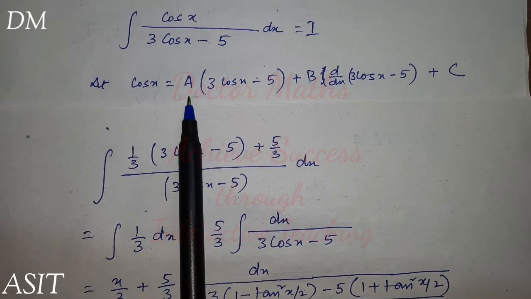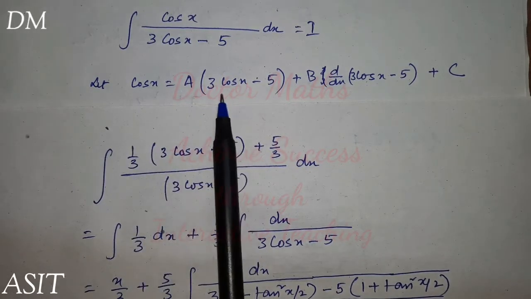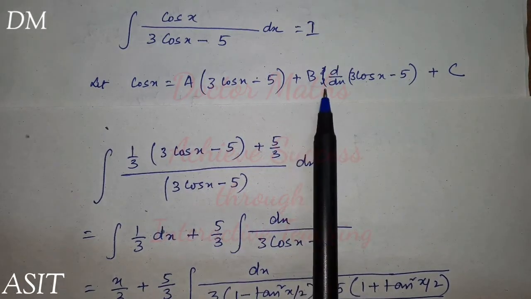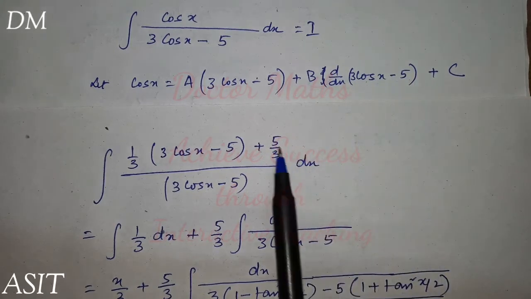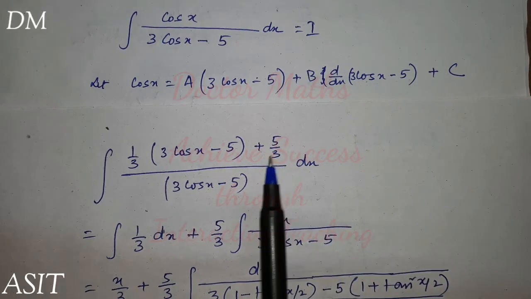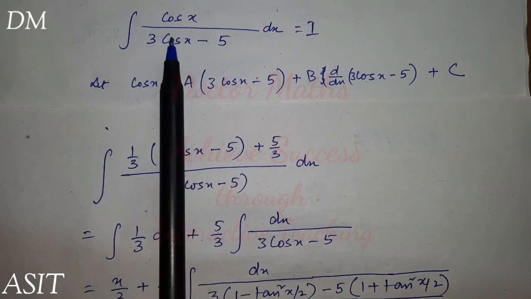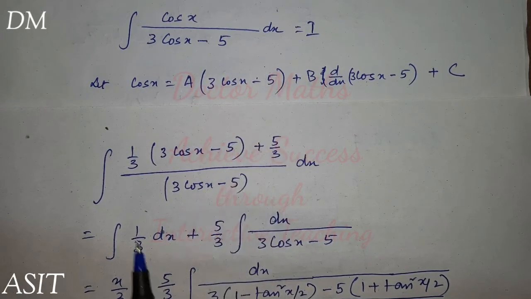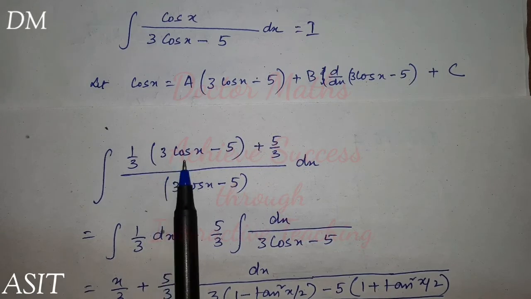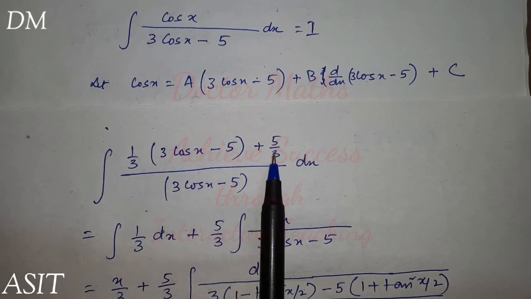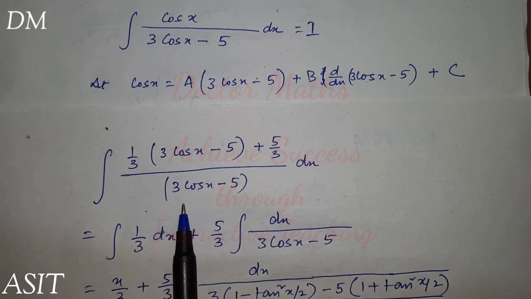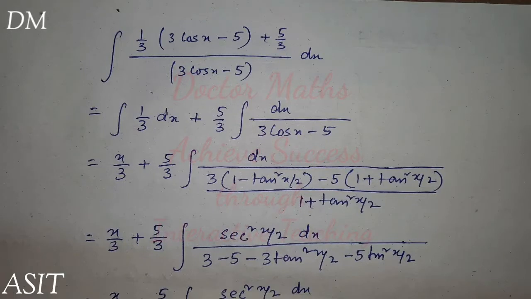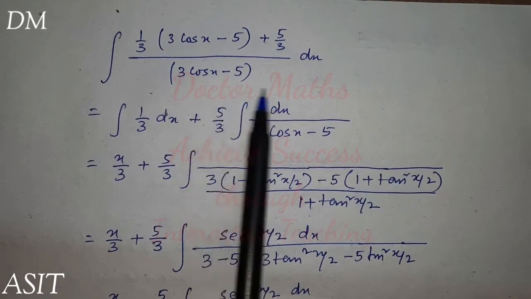We can write it as 1 by 3 into 3 cos x minus 5, plus this term will not be there because b is 0, plus 5 by 3. Therefore we can write this integral of cos x by 3 cos x minus 5 dx as the integral of 1 by 3 into 3 cos x minus 5 plus 5 by 3, all divided by 3 cos x minus 5, dx. Up to that it is done.